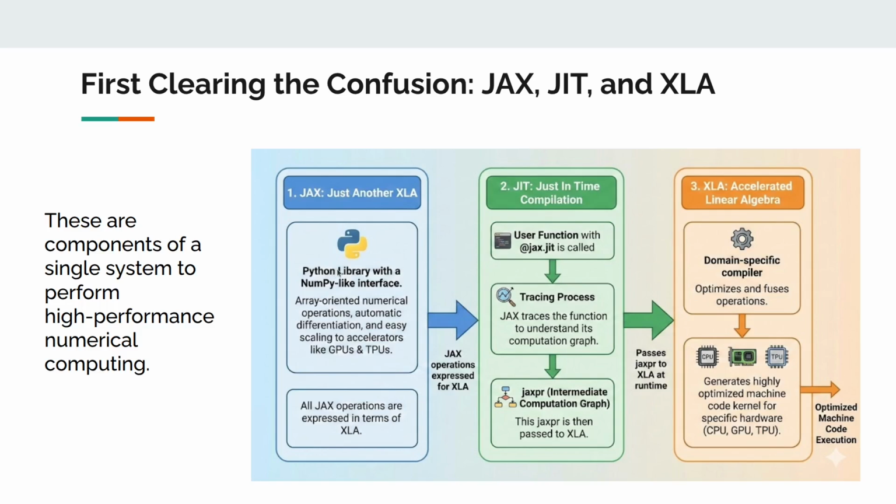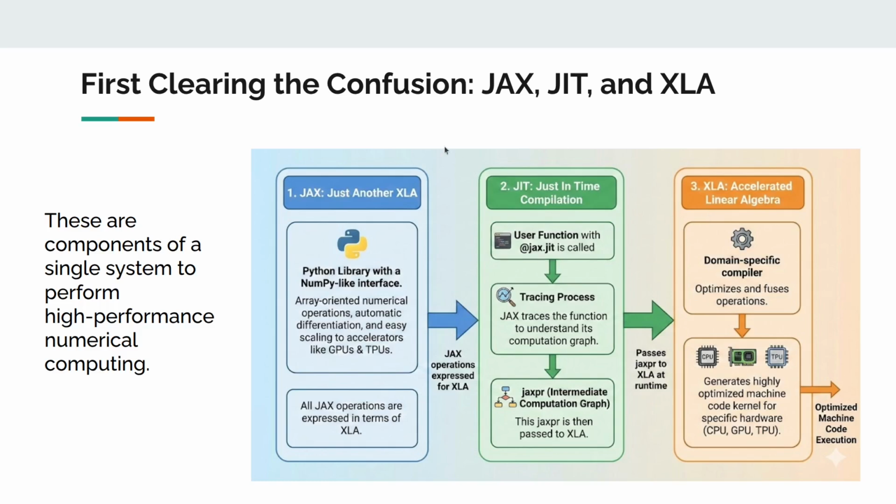It is typically used for numerical operations, automatic differentiation, vectorization and parallel mapping. But unlike NumPy, it is used for scaling all these numerical operations onto accelerators like GPUs and TPUs. Now all these JAX operations are expressed in terms of XLA, which is the compiler that we'll talk about later.